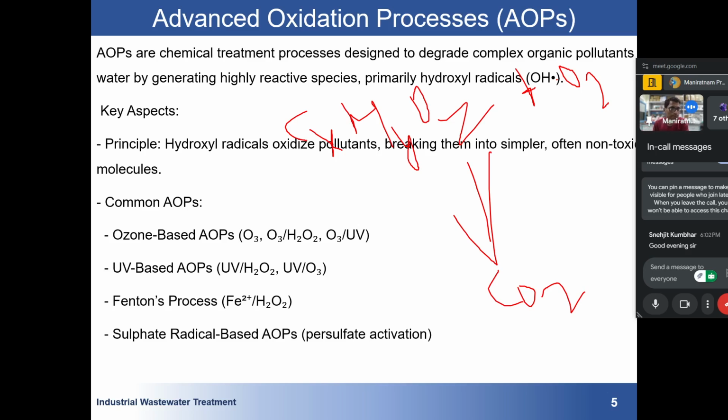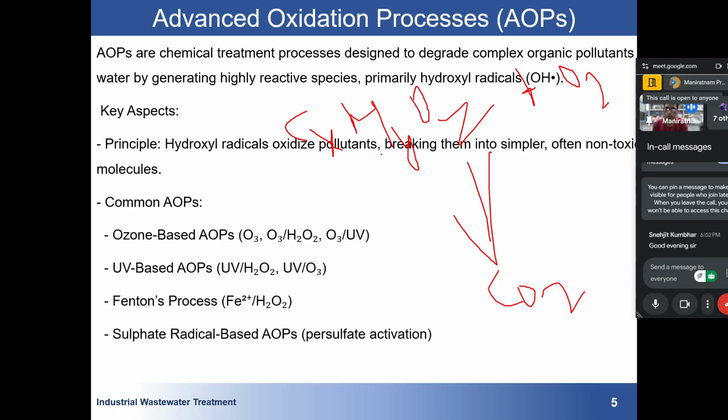It has very high oxidation power, and this will be used to oxidize any organic matter, maybe more complex organic matter. See, simple ones can be easily oxidized with the help of O2, but for complex matter we need a powerful material, and there we use these radicals.